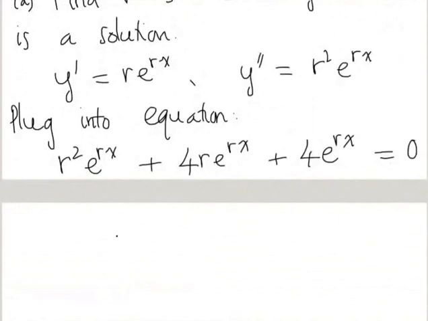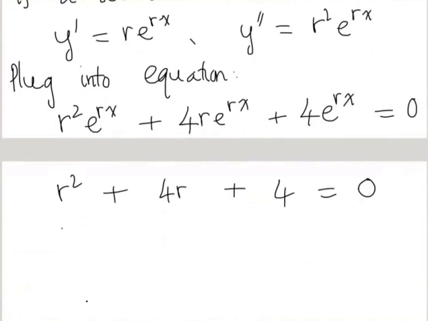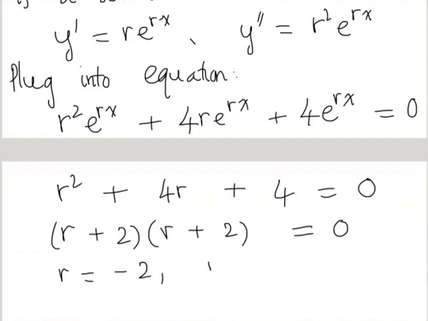Dividing through by e to the rx, we end up with r squared plus 4r plus 4 equals 0. Then we can solve this by factoring. We get r equals negative 2, and the second r is also negative 2.